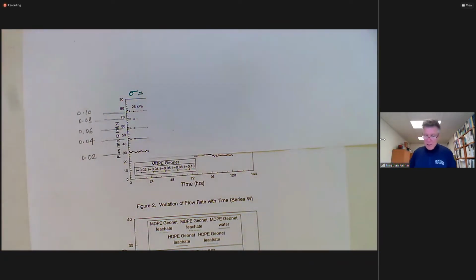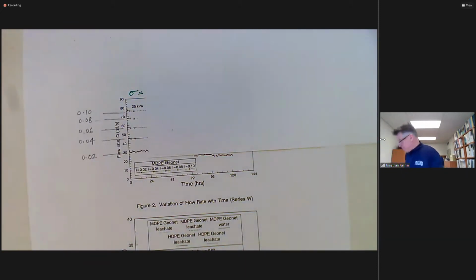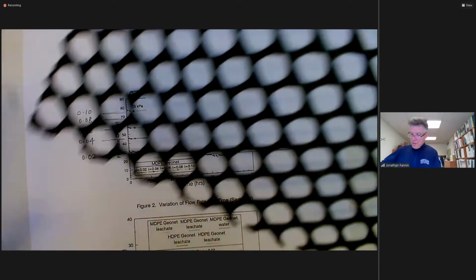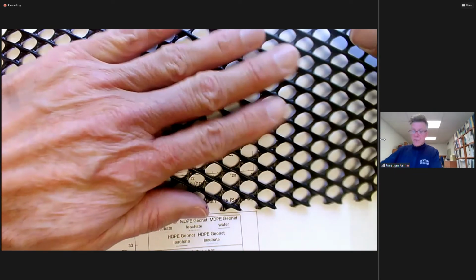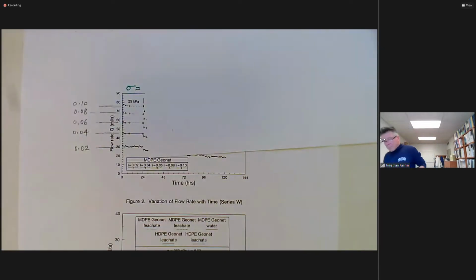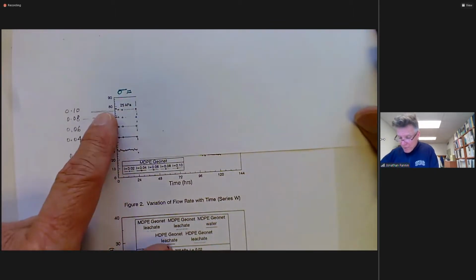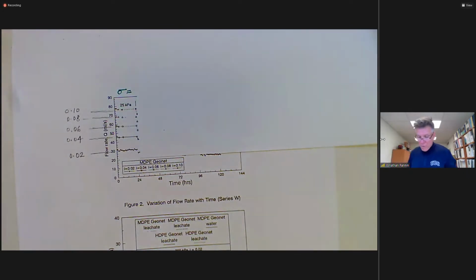Okay, so we make an observation in these flow data at a normal stress of 25 kPa, which is not that much, right? It's about a meter of soil or so sitting on top of the geonet. We observe that if we double the gradient, we don't double the flow rate, and thus it doesn't look like Darcy's law is holding true.